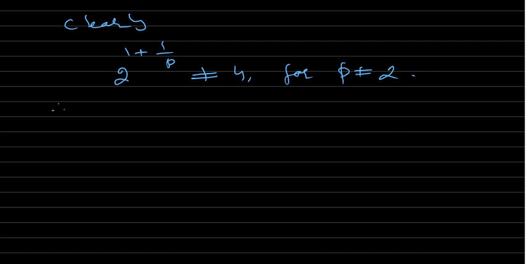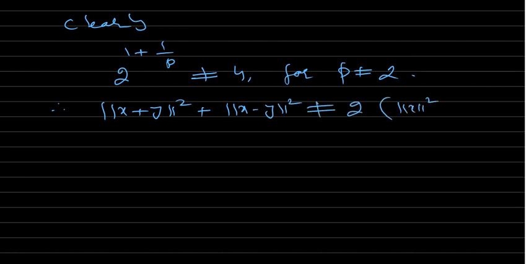Therefore norm x plus y whole square plus norm x minus y whole square is not equal to twice norm x square plus norm y square, where it's the fixed pth norm here. This is not equal for p not equal to 2.